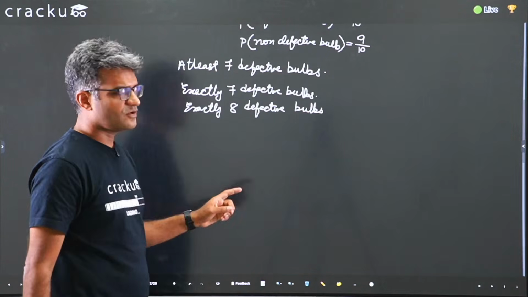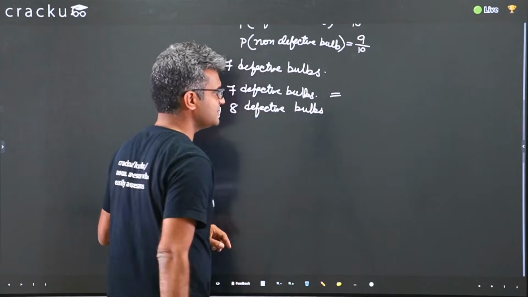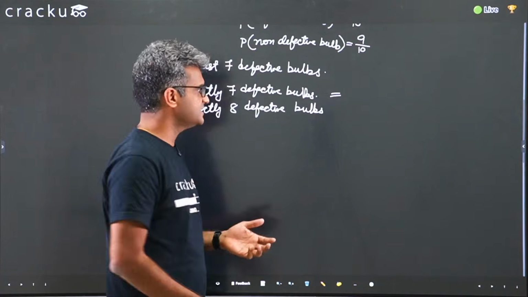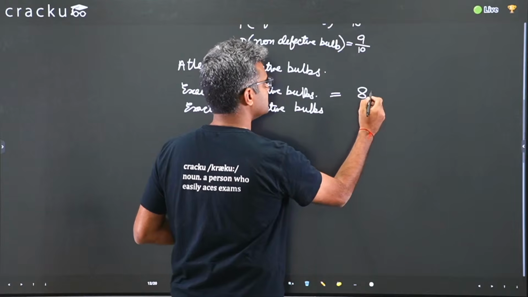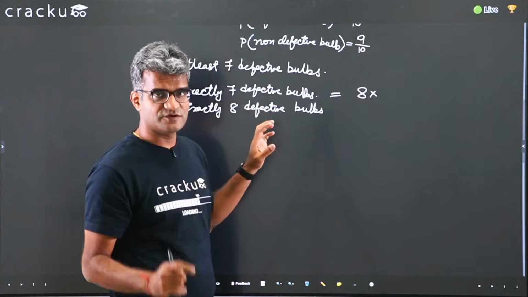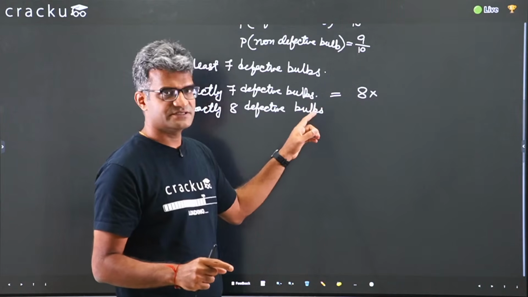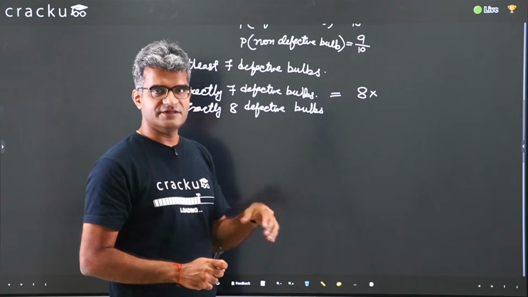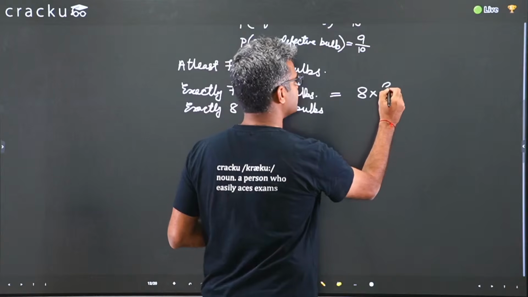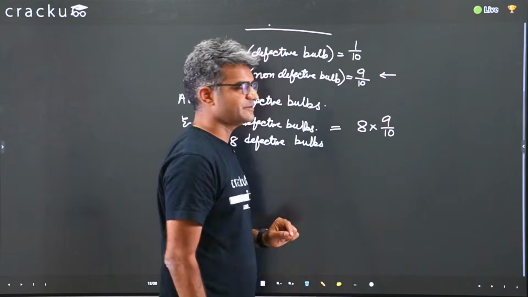What is the probability of having exactly 7 defective bulbs? Now, out of the 8 bulbs, we have to select which of the 8 is non-defective. That can be done in 8 ways. So basically we need 7 defective bulbs, so one of the bulbs has to be non-defective. That one bulb can be selected in 8 ways. Once that is selected, the probability that that bulb is not defective is given by 9 by 10, because the probability of selecting a non-defective bulb is 9 by 10.